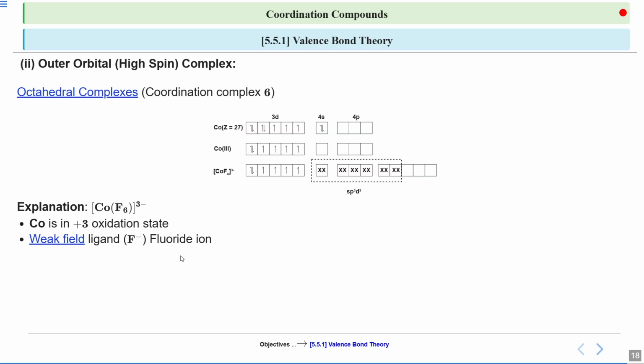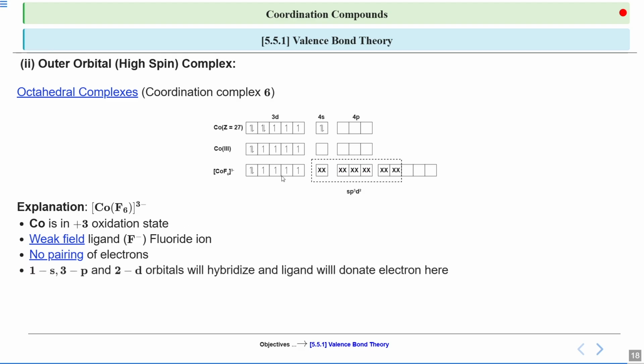That means in the presence of a weak field ligand, no pairing of electrons is going to happen. So due to no pairing of electrons, the electrons which are already unpaired in 3d6 are going to remain unpaired. Only 1s from 4s, 3p from 4p, and 2d orbitals are going to hybridize, undergo atomic orbital intermixing, and the ligands are going to donate their electrons in these hybrid empty orbitals.